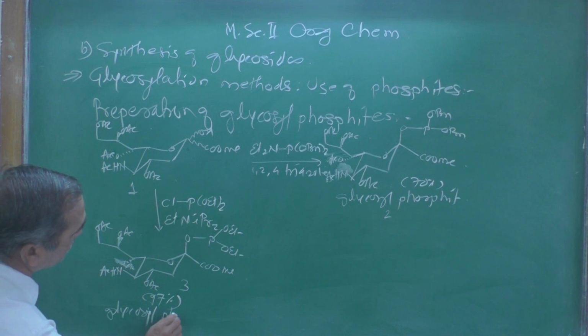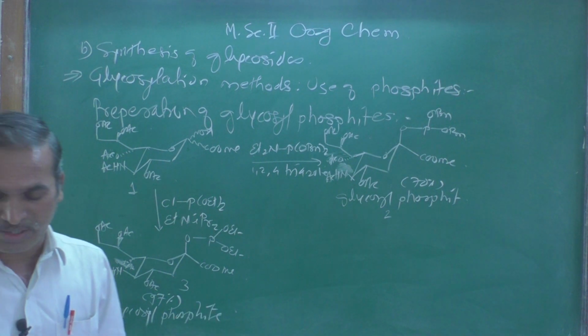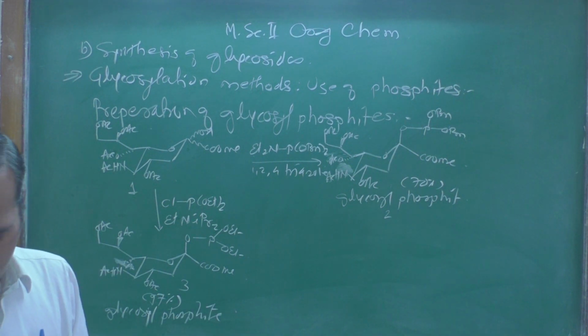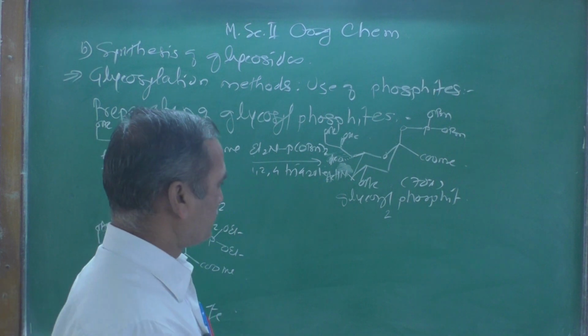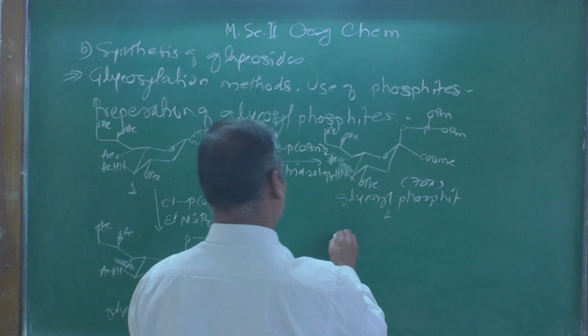Glycosyl phosphite, and by using that phosphite we can get different types of compounds. Let me show some of the different compounds over here.